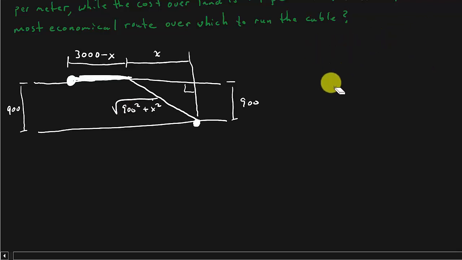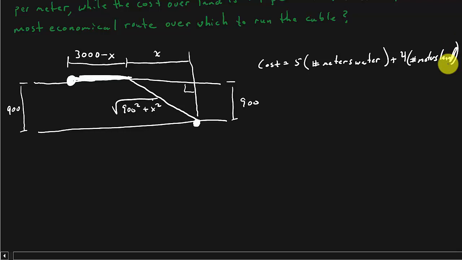Okay? And so now I know that my cost is going to be $5 times the number of meters under water, plus 4 times the number of meters over land, right?